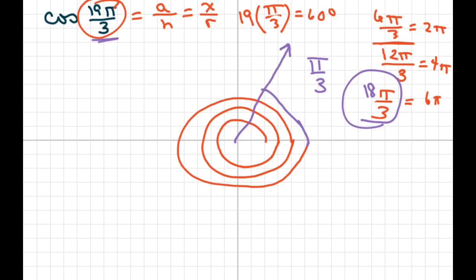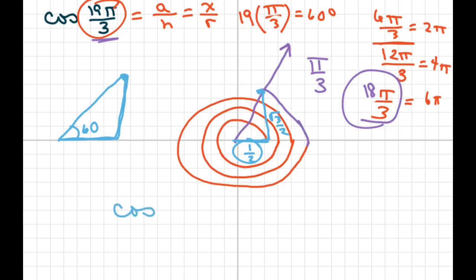Now, on the 60 degree triangle, if I draw it like this, I'm not very good at drawing this, but this is your 60 degrees. If I draw this from here down to here, we know that my x is 1/2 and my y is square root of 3 over 2. And we know that cosine is x over r, so my x is 1/2.